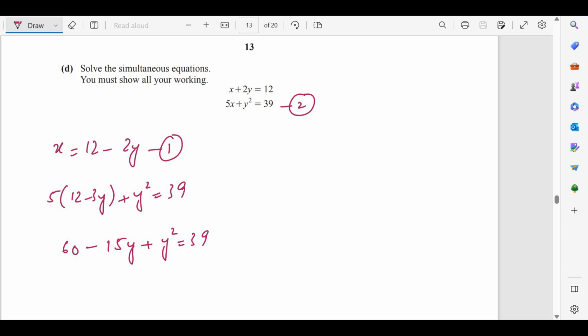Now let's rearrange it. So this will be y square minus 15y plus 60 minus 39 is equals to 0.